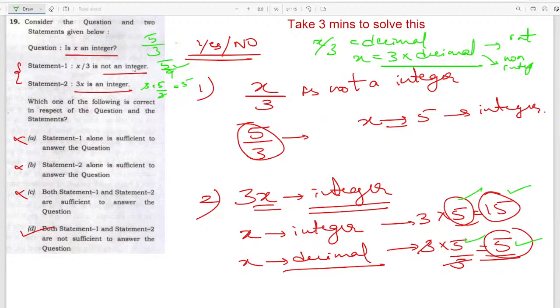So 5 by 9 satisfies statement 1, and 5 satisfies statement 2. So here x can be both an integer and a decimal, and both will satisfy the statements. And so you cannot clearly say whether x is an integer or not.